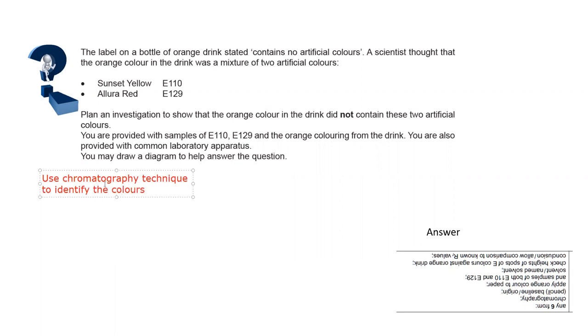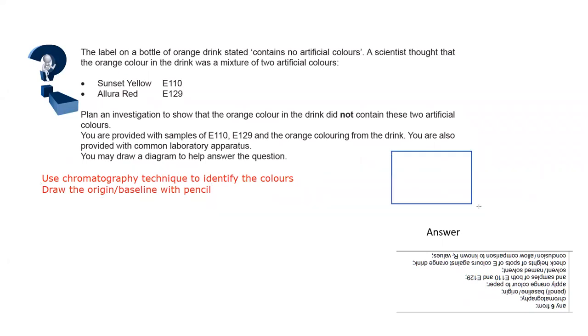That is one thing. Then, how do we carry out this technique? We will draw the origin or baseline with pencil. Because we are doing chromatography, it's better you draw at the same time. So this is a chromatogram. We drew the origin with pencil.